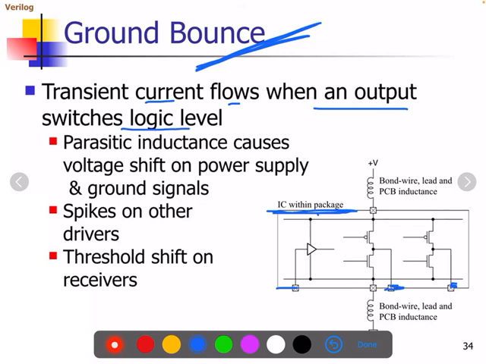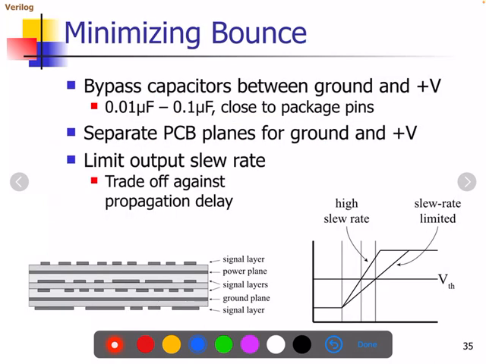So at the output side, when the switches start changing values, that is logic level 0 to 1 and 1 to 0, parasitic inductance will cause a change in the voltage on the power supply side as well as at the ground side. It also impacts the drivers through the spikes that get generated. So ground bounce is one of the parameters that has to be taken care of. Due to the switching, ground bounce happens.